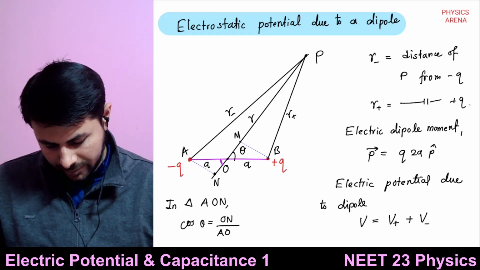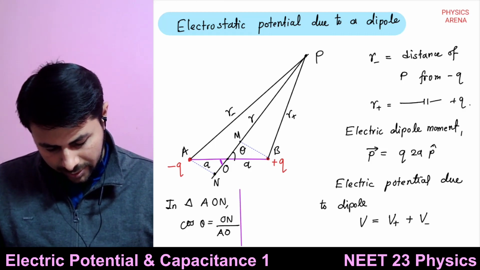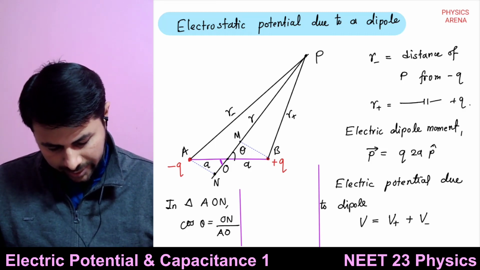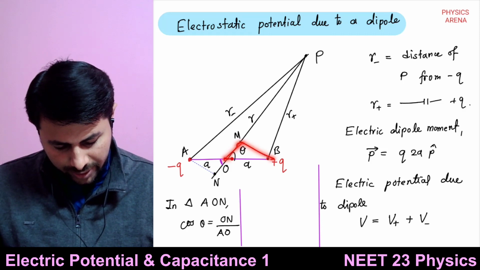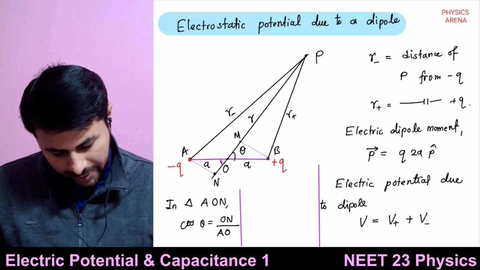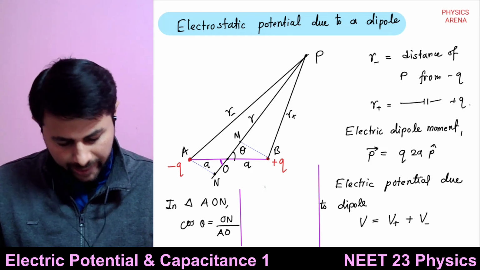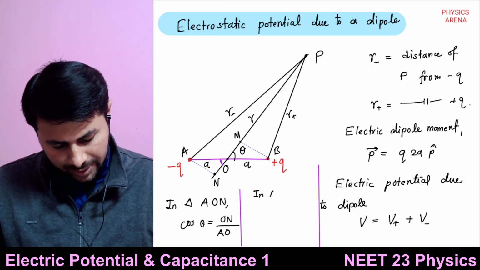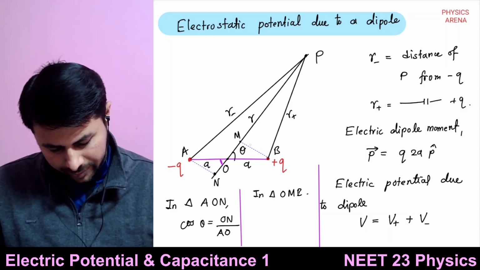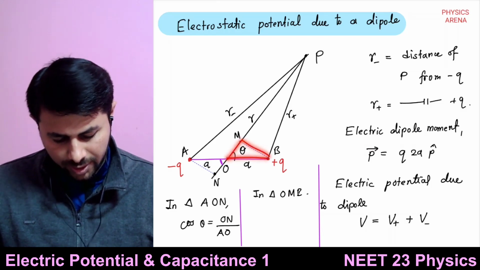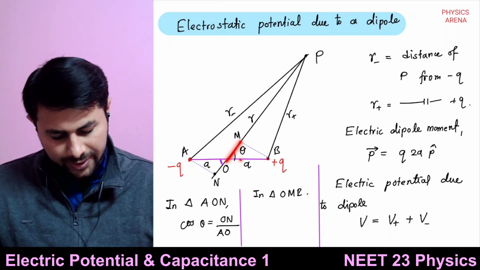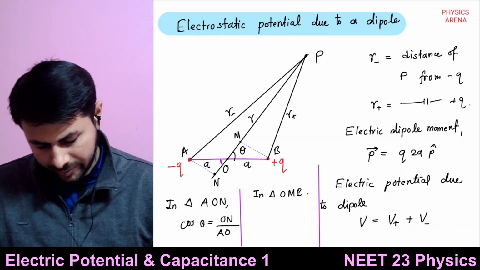Similarly, you can consider the other triangle, triangle OMB. Here I can say cos theta is equal to the adjacent side divided by hypotenuse.